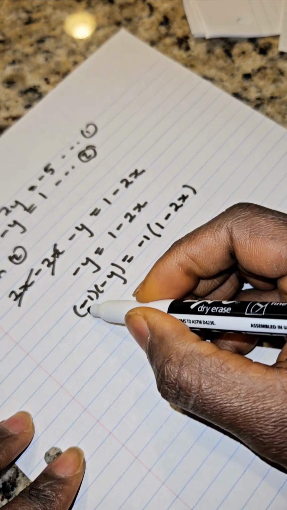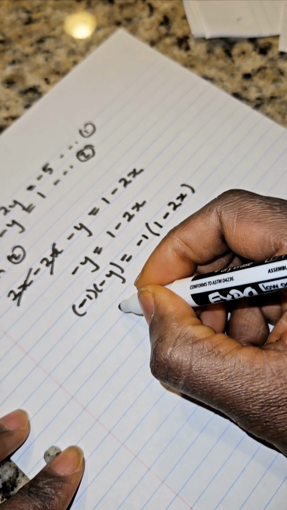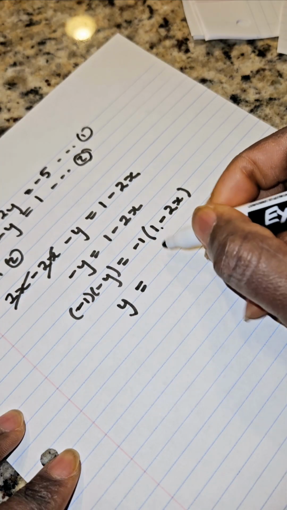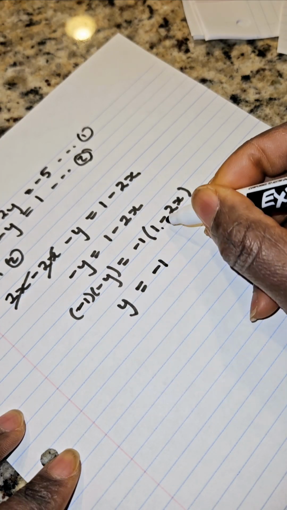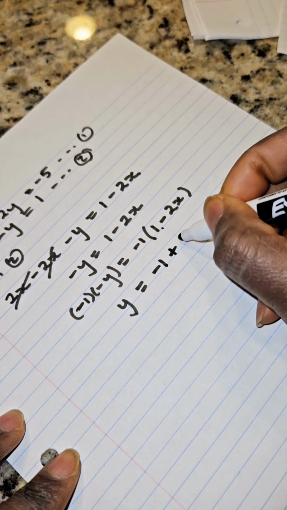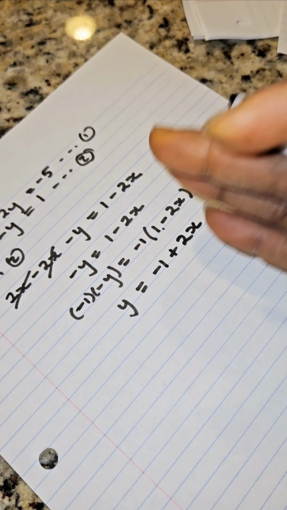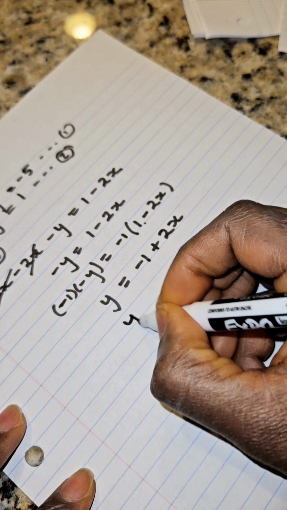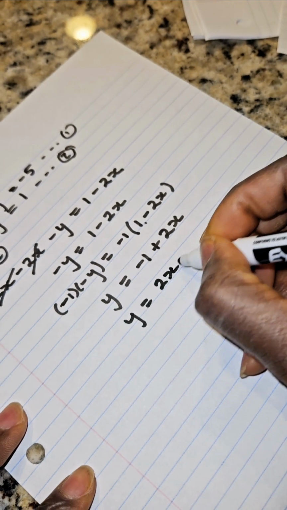And I can see negative 1 times minus y will give me y. And negative 1 times 1 is negative 1. Negative 1 times minus 2x is plus 2x. Remember, negative times negative is positive. So y is equal to 2x minus 1.